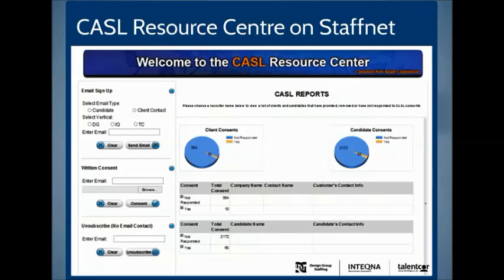And again, you would do that by entering the email address of the candidate, browsing your desktop to find the scanned copy of that document, and clicking consent. And that will change that field in Bullhorn for your candidate.